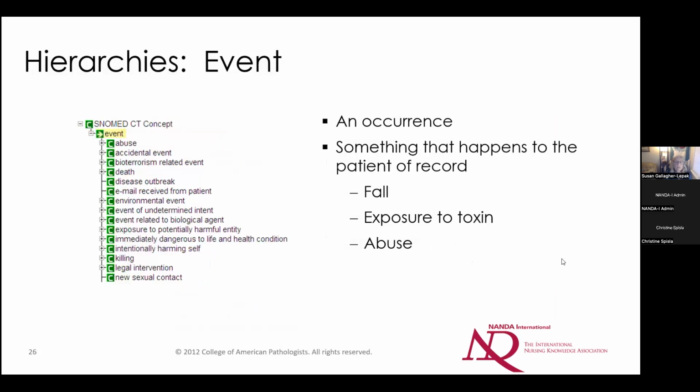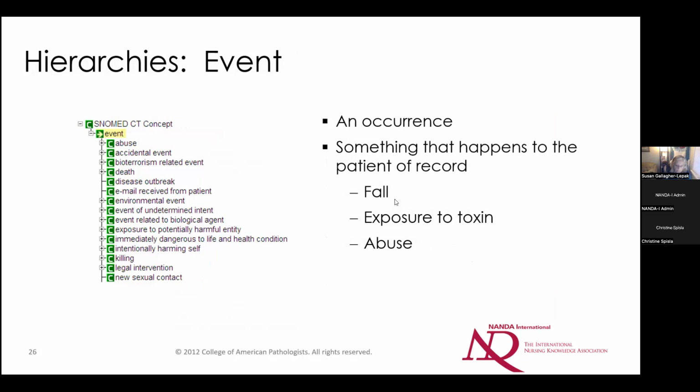Moving on to the events hierarchy, remember I told you I was going to address this. Events used to be classified under clinical findings, and then the editorial board made a decision to create its own hierarchy. And events is anything that happens to the patient of record. It's not a big hierarchy, but there are some important things to nursing in this hierarchy.